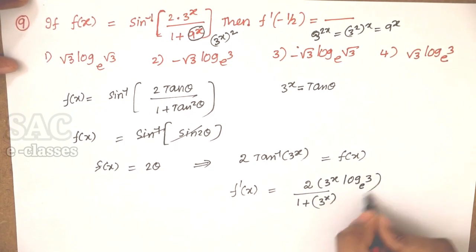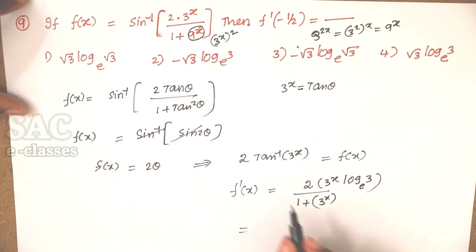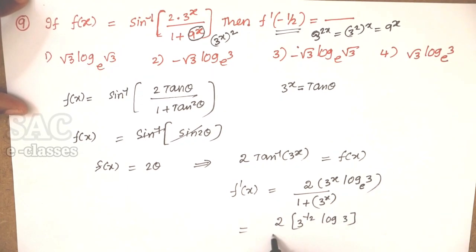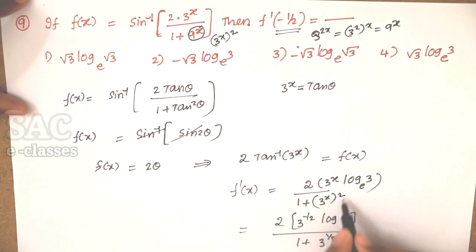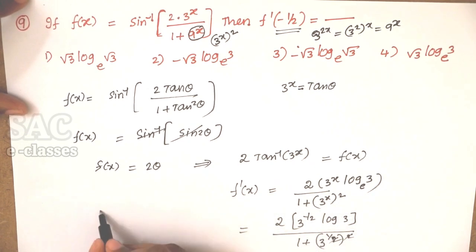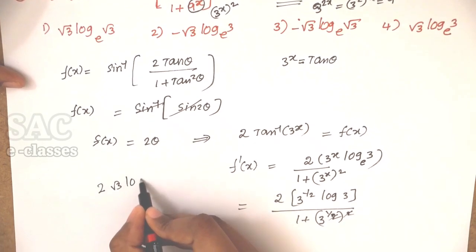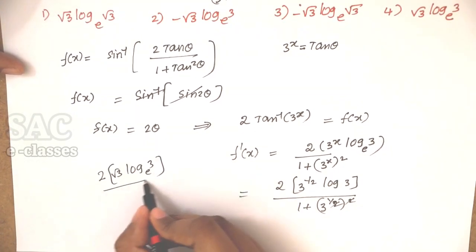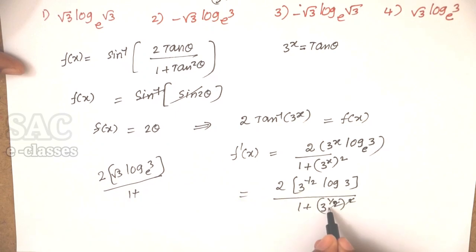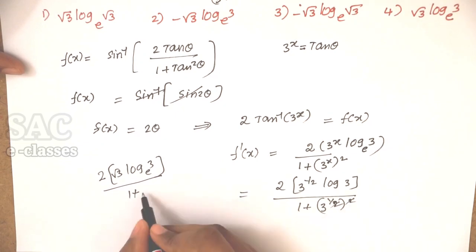But the problem is, we have to substitute here x equal to minus 1 by 2. So 2 into 3 power minus 1 by 2 into log 3 by 1 plus 3 power minus 1 by 2 whole square. You may get 2 into root 3 log 3 to the base e by 1 plus 3, since 3 power 1 by 2 whole square can be written as 3.